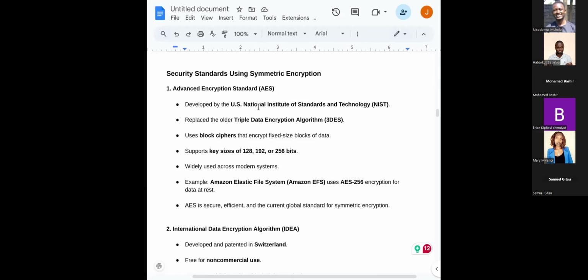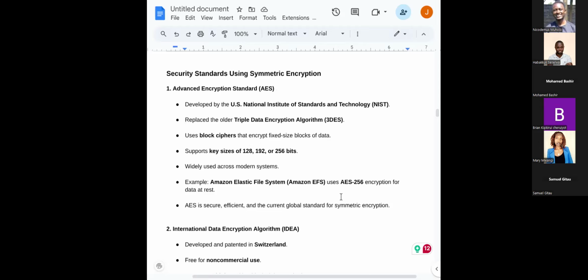One of the standards we have in symmetric, which I'm sure you have seen a lot, is AES, Advanced Encryption Standard. It uses block ciphers, and it supports 256, 192, and 128 key sizes. It's the most commonly used of these standards. For example, we have Amazon EFS.